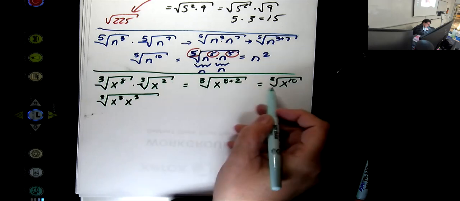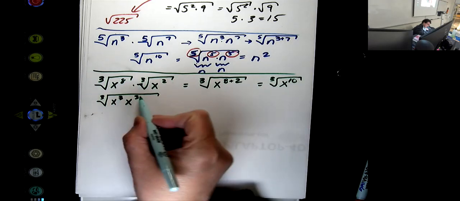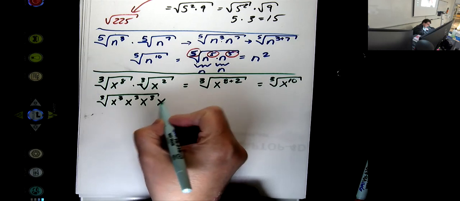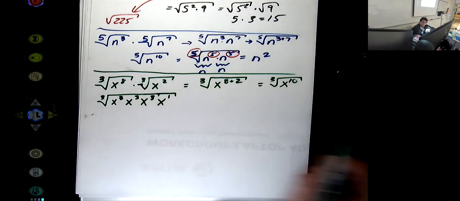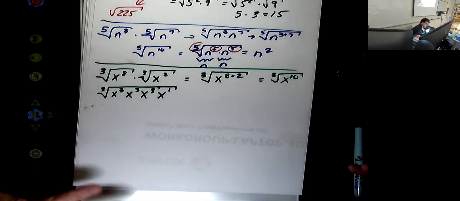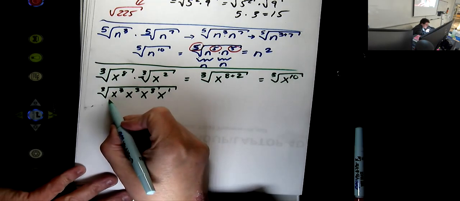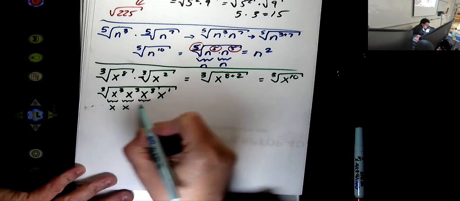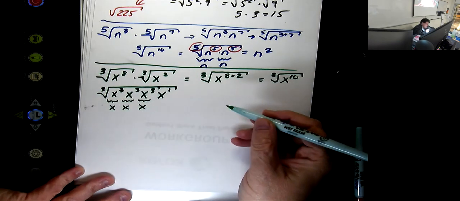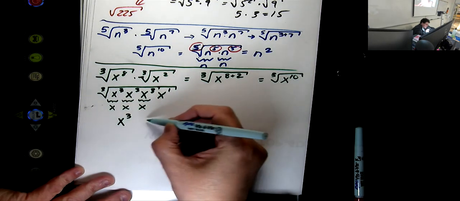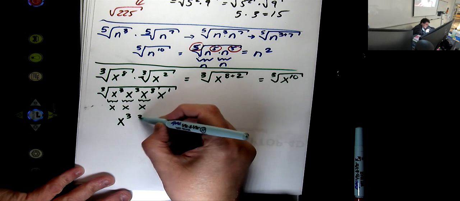If I take 10 minus 3, I got 7. 7 minus 3 is 4. 4 minus 3 is 1. So I need 1 left over like that. The ones that match the radical or the index, I can just pull out. And so I'm going to have x cubed on the outside times the cube root of x.